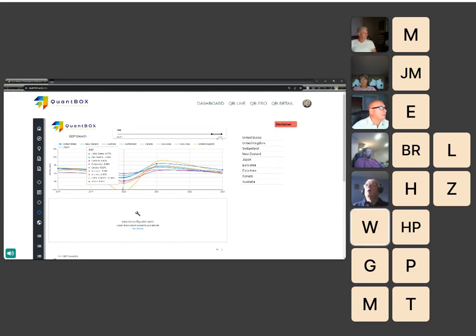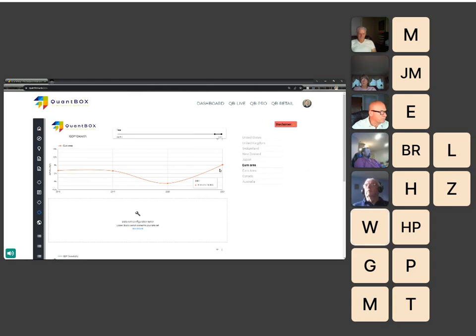Look at the UK, like negative 11 GDP. How is that even possible? And then these huge rallies, it just shows you how odd COVID was. It's so odd. I mean, it's startling to think of the euro area having a GDP that looks like that.